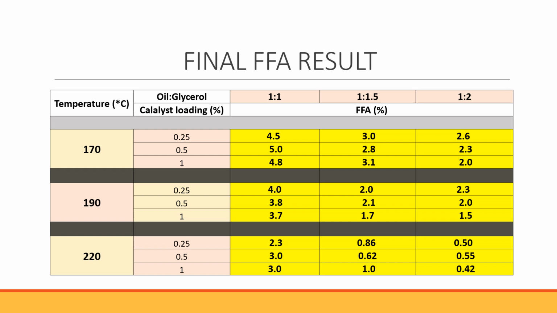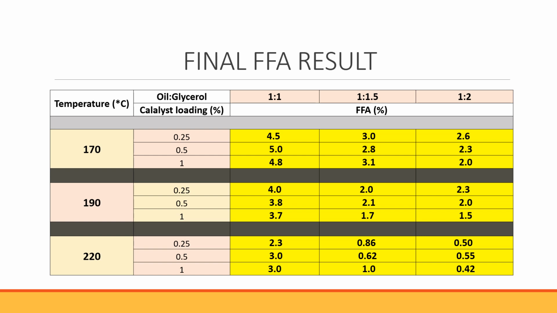And then for the catalyst loading, we can see that the result correlates with the temperature, but higher catalyst doesn't necessarily give a higher result, which means that low catalyst loading still will give a significant result.